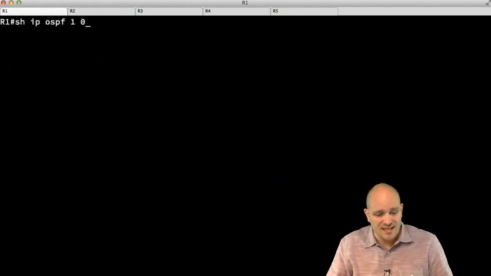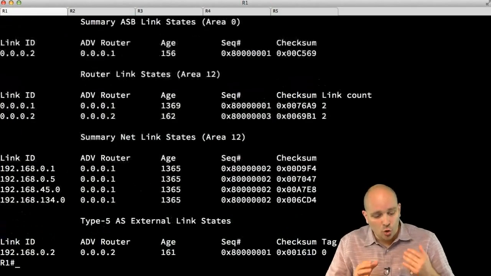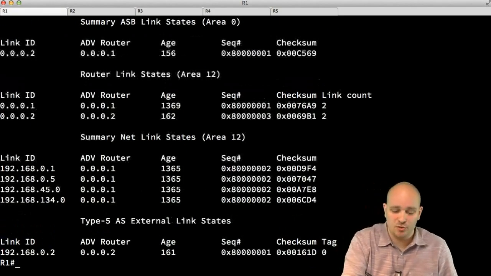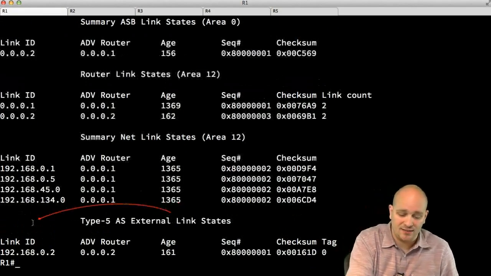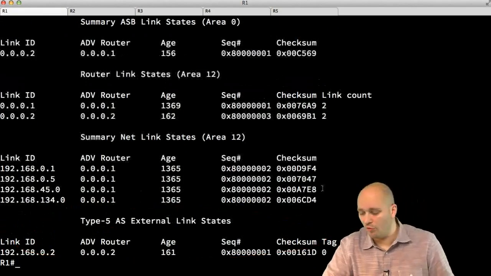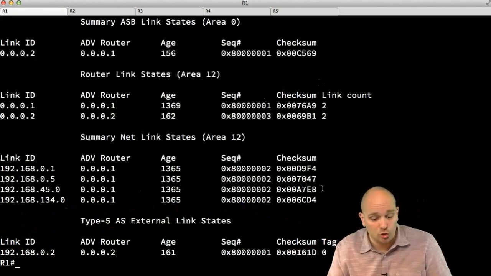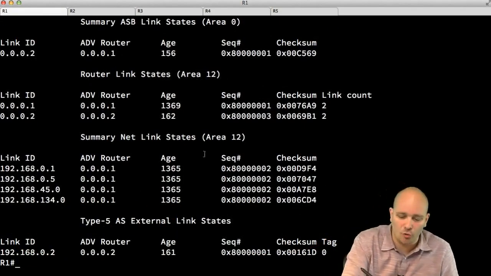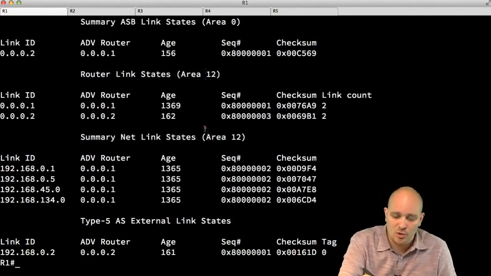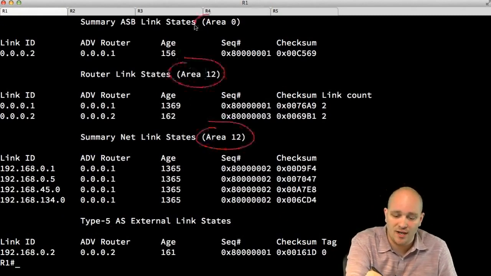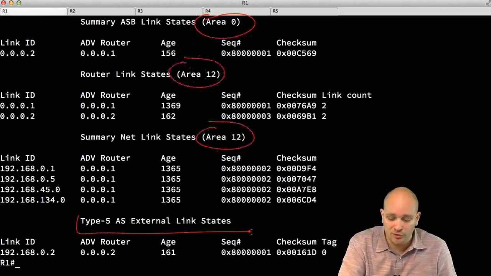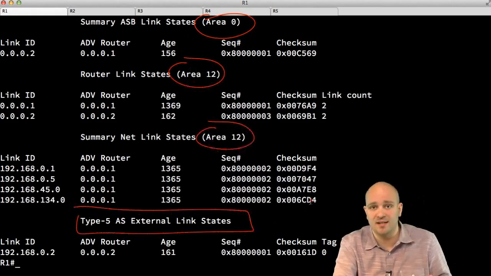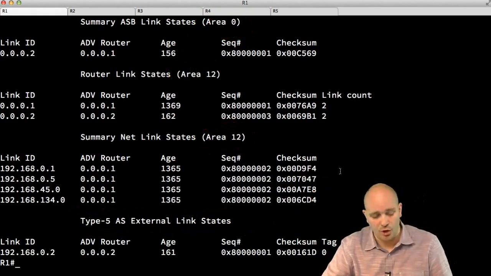If I want to see them, I would actually have to look at the entire database, because they will be shown here at the very end of the output, because they don't belong to any area. And you can see here that for all the other LSA types, you have an indicator to which area they belong, but not for type 5 LSAs. Type 5 LSAs are global for the domain.